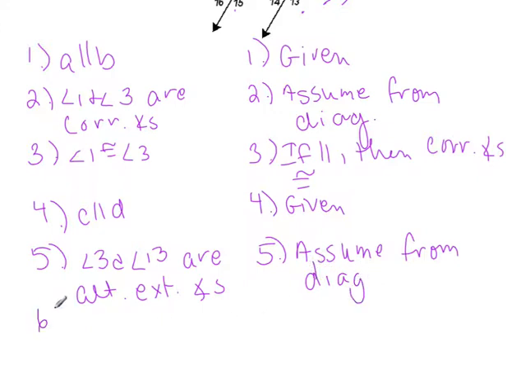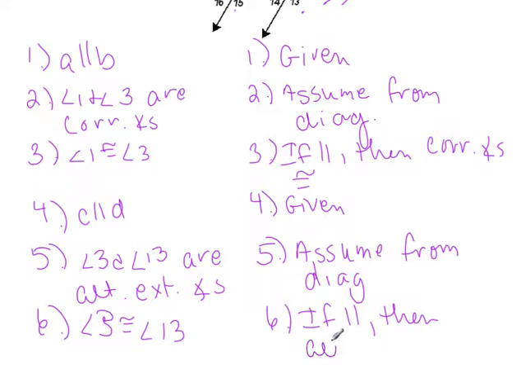And now that I've said that, I'm ready to say angle 3 is congruent to angle 13. That's kind of lousy looking. That's a little better. All right, and the reason is if lines are parallel, then alternate exterior angles are congruent.